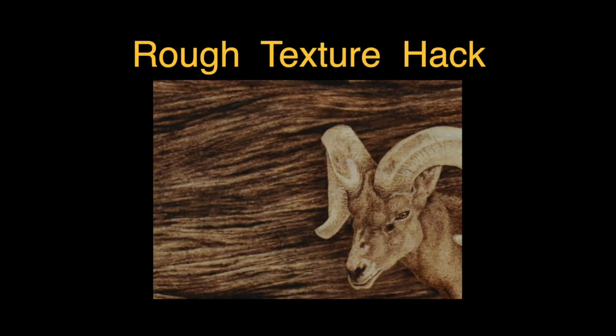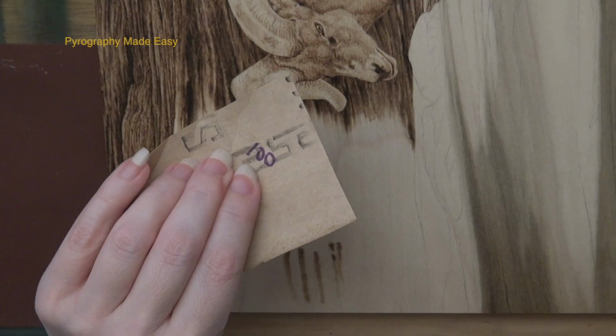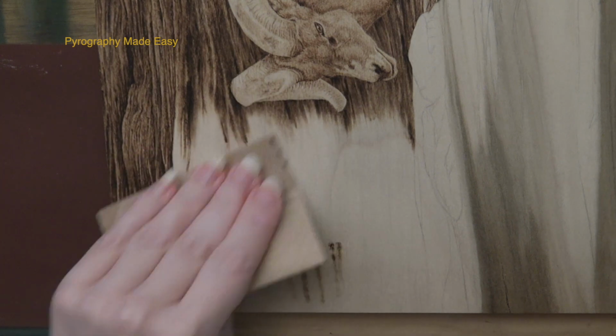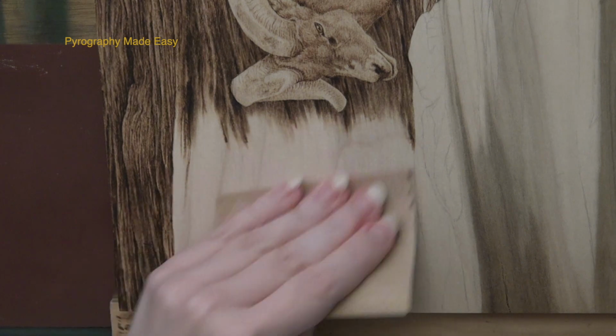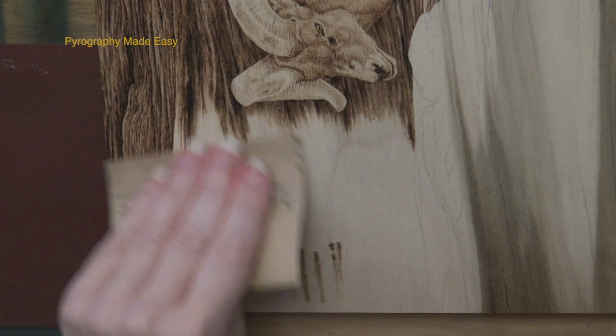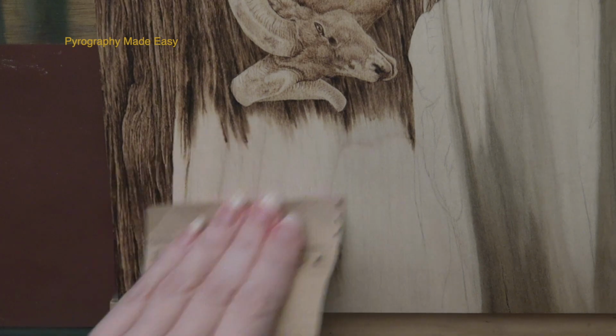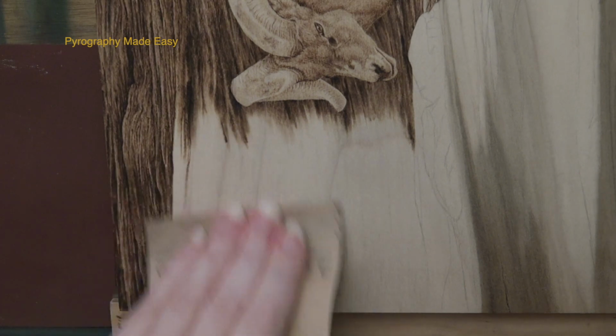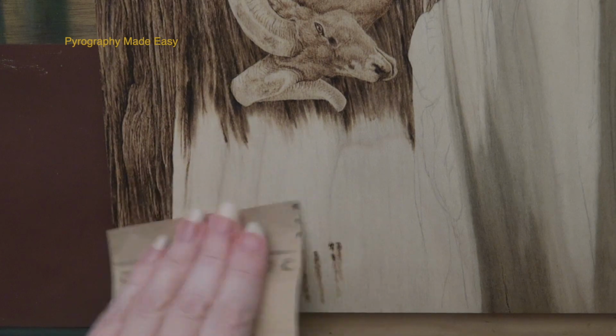Rough texture hack. To create a rough texture, use a low grit piece of sandpaper, I'm using 100 grit, and gently rub over the board where you want the texture to be. Once done, the board should have a slightly gritty feel to it. It should not be extremely noticeable or feel really rough.